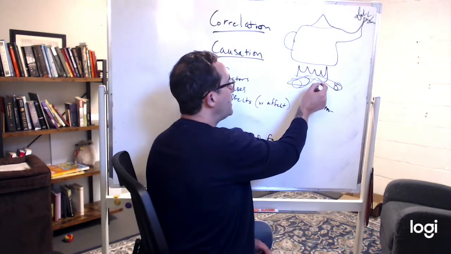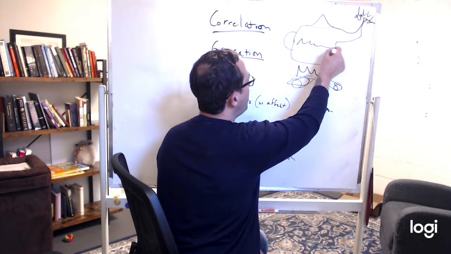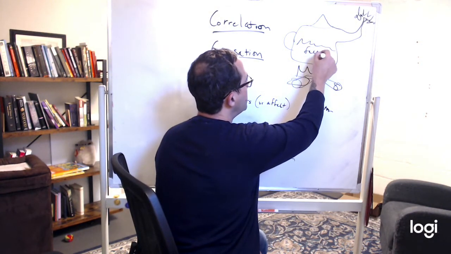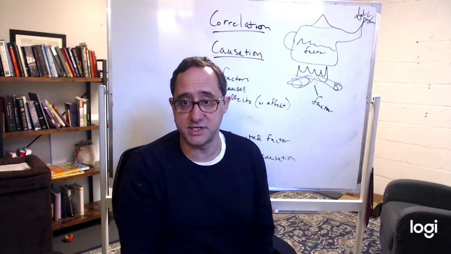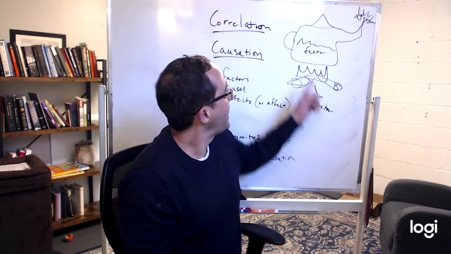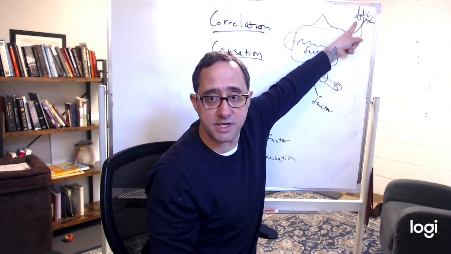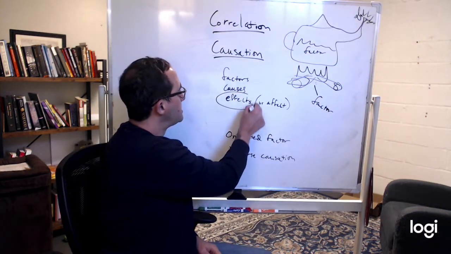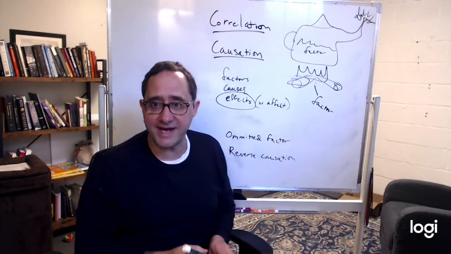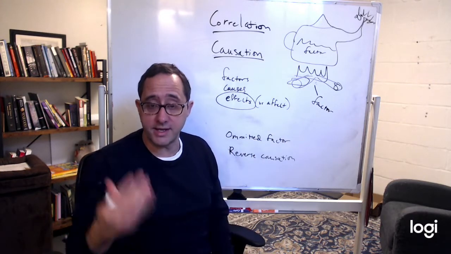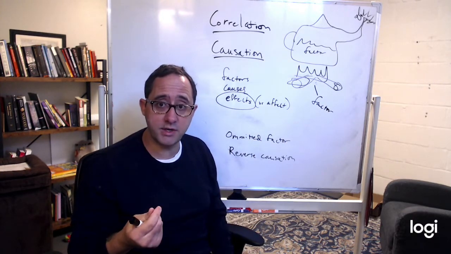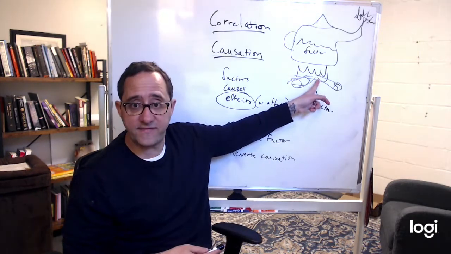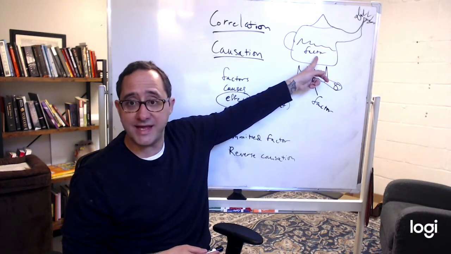The factor of the heat of the fire, and then the heat of the water as a factor. And the steam comes out. The steam is an effect. The steam is an effect of the water boiling. The factors that caused the water to boil were the heat of the fire and then the heat of the water.